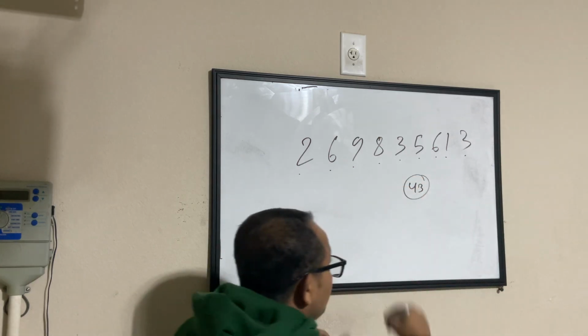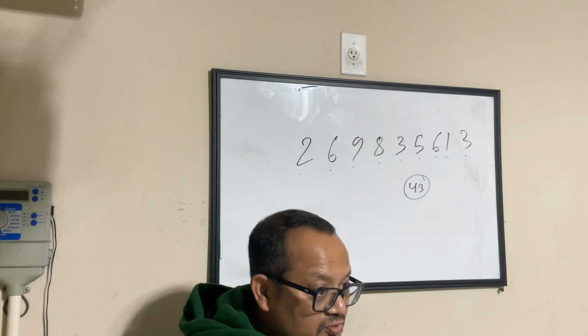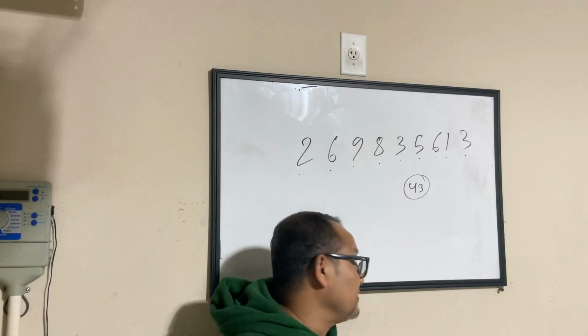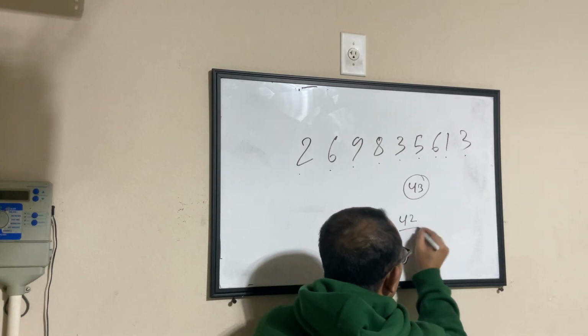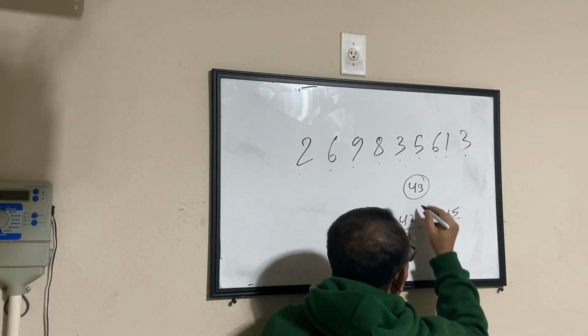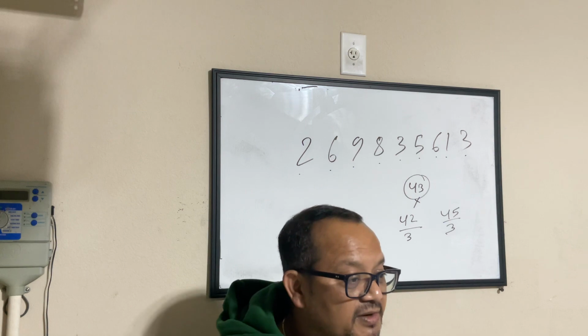Can 43 be divided by 3? No. 14 threes are 42, 15 threes are 45. So 42 is divisible by 3 and 45 is divisible by 3, but 43 is not. So I can blindly say that this number cannot be divided by 3.